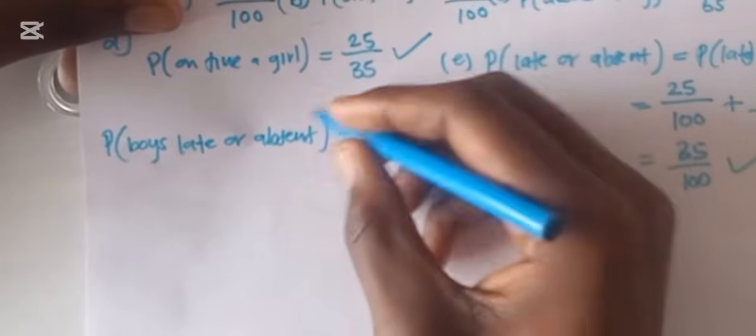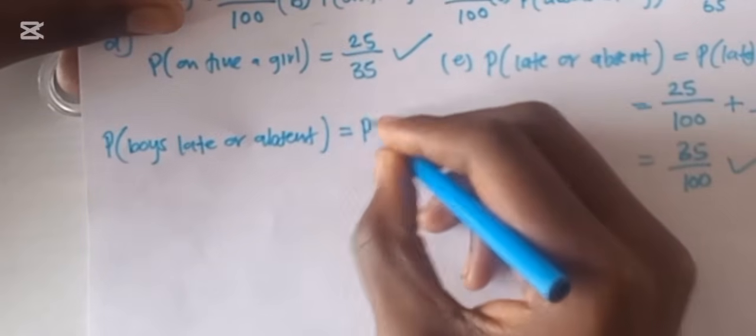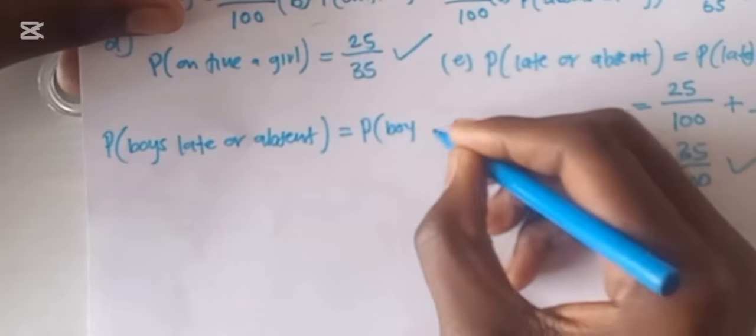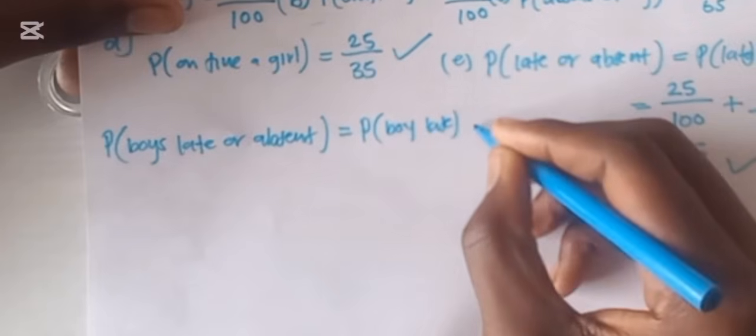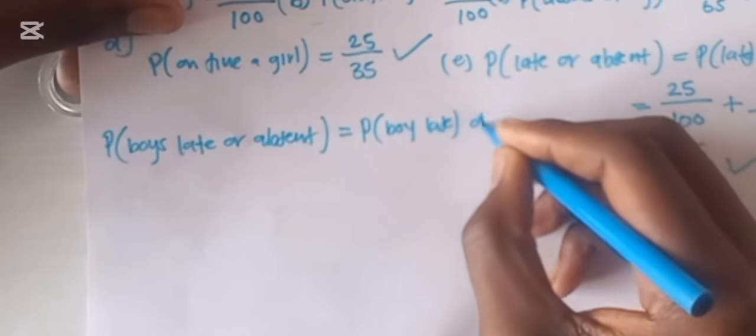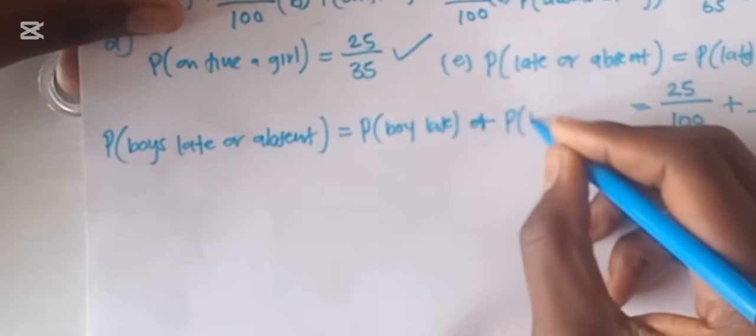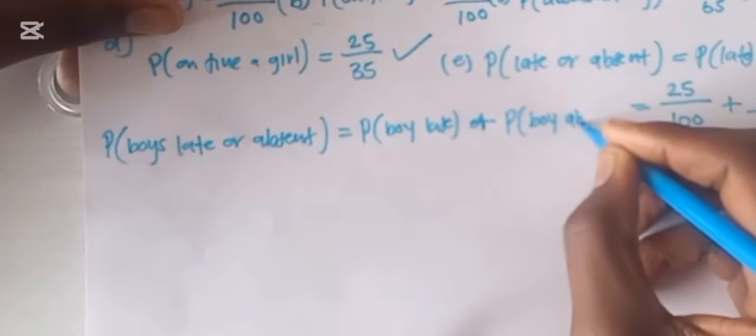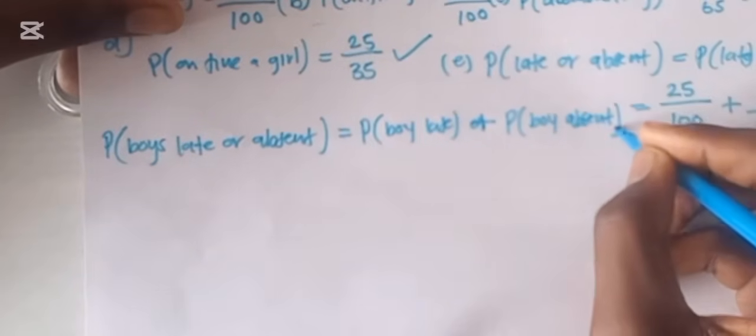Perfect. When they say "or", what do we do? We add. So they're looking for the probability of a boy who is late plus the probability of a boy who is absent. I'm writing it so that you can understand.